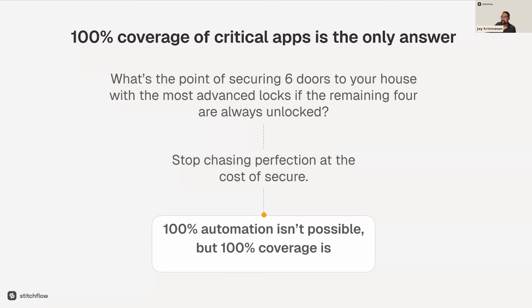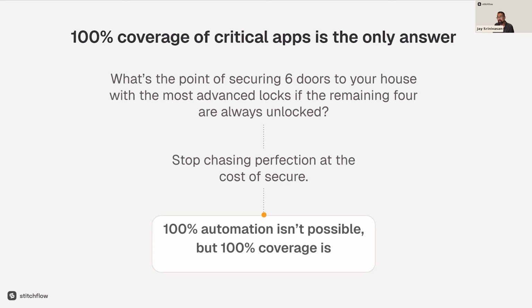Everything else that's disconnected, they deal with manually, but they live with. My point is, if there is a critical app in your company, a tier one app, something that's used by marketing or sales or customer success or engineering that's disconnected, that is fundamentally a problem. My strong belief is that the only solution for disconnected critical apps is 100% coverage.